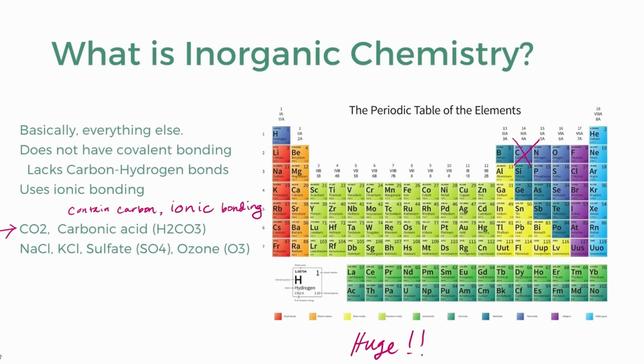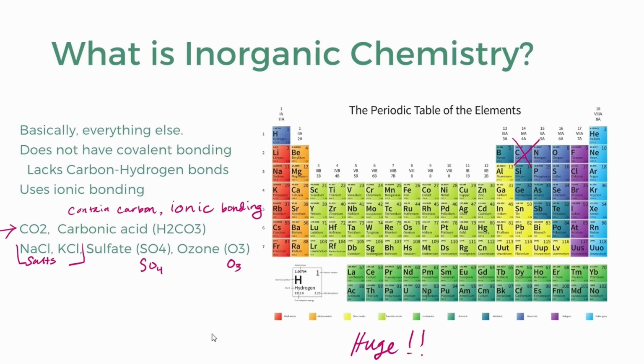Common items that you might come across that are also inorganic are sodium chloride, NaCl. This is your basic table salt. Sulfate, SO4, so that's sulfur with 4 oxygens, or ozone. It's just 3 oxygens. So those are all types of inorganic chemistry.